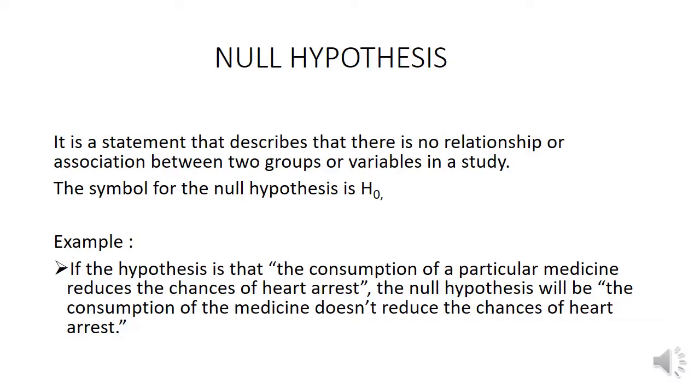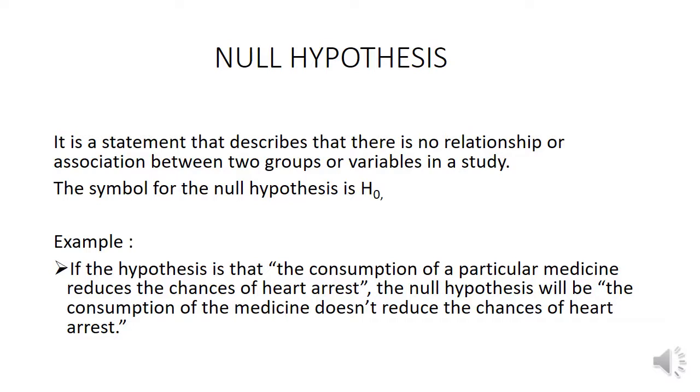Let's have a look at an example. If the hypothesis is that the consumption of a particular medicine reduces the chances of heart arrest, means this is a condition that the consumption of a particular medicine reduces the chances of heart arrest or heart ailments. So the null hypothesis will be there is no relationship between the two variables, so medicines and heart ailments or heart arrest.